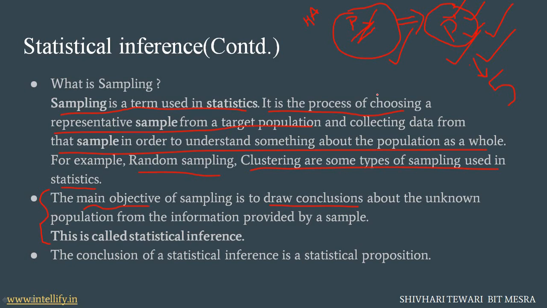That conclusion, that prediction, is called statistical inference. This is how statistical inference is defined. The conclusion of a statistical inference is known as a statistical proposition. That means the proposed conclusion given by the tester, by the data scientist, or in our example the hospital administrator, is called a statistical proposition.